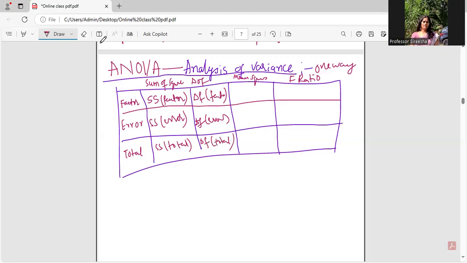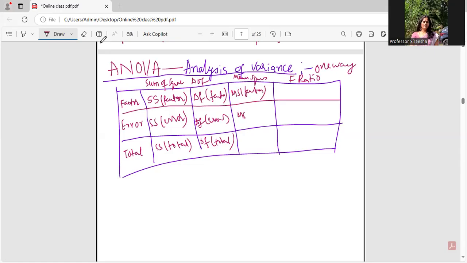Okay. So basically, these are the values that you will have in the table. Of course, mean squares is nothing but the ratio only. MS factor and MS error are just the ratio of the SS factor and DF factor. See here, MS factor you will be calculating.